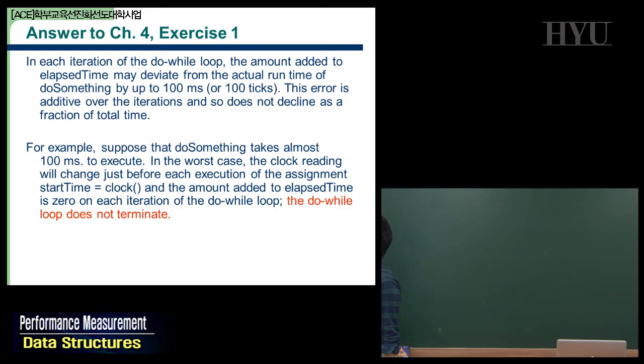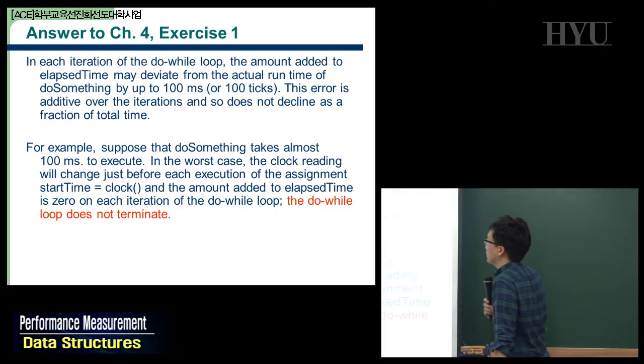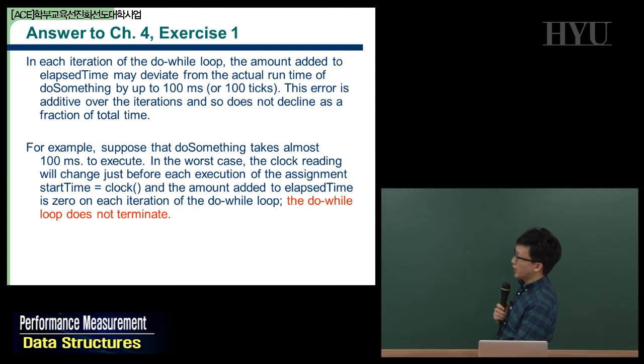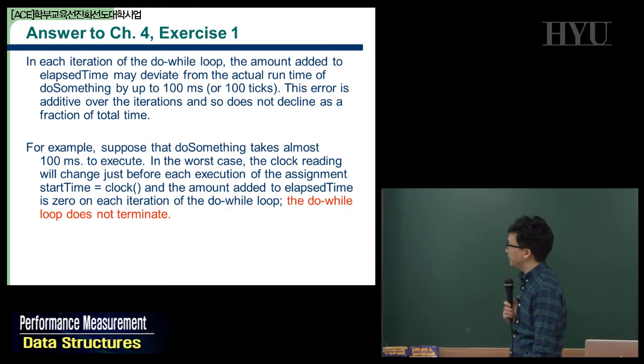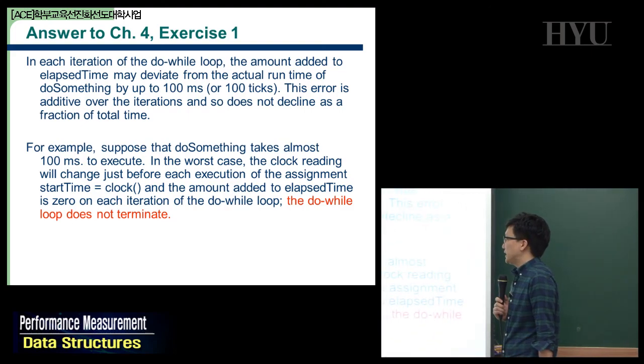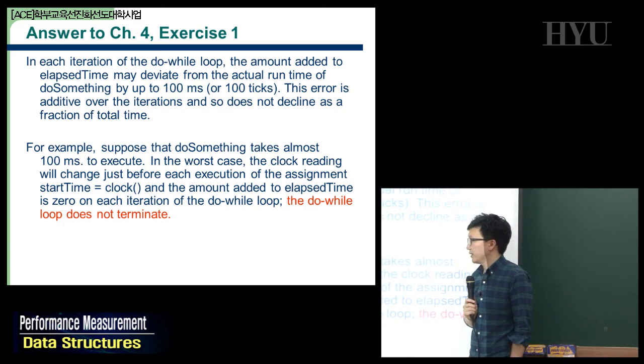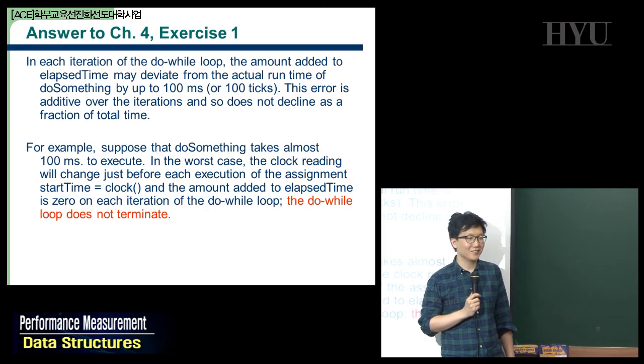For example, suppose do something takes almost 100 milliseconds to execute. In the worst case, the clock reading will change just before each execution of the assignment, so the amount of time elapsed is 0 on each iteration of the do-while loop, and the do-while loop does not terminate. We have no idea what they try to say.